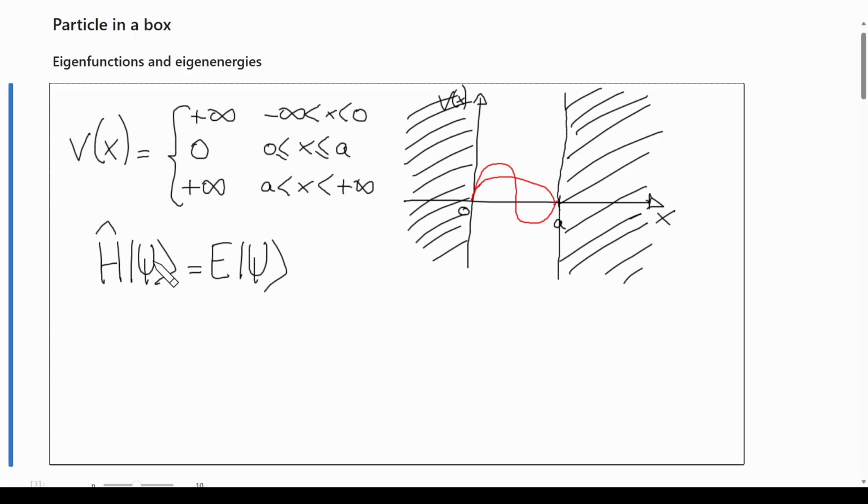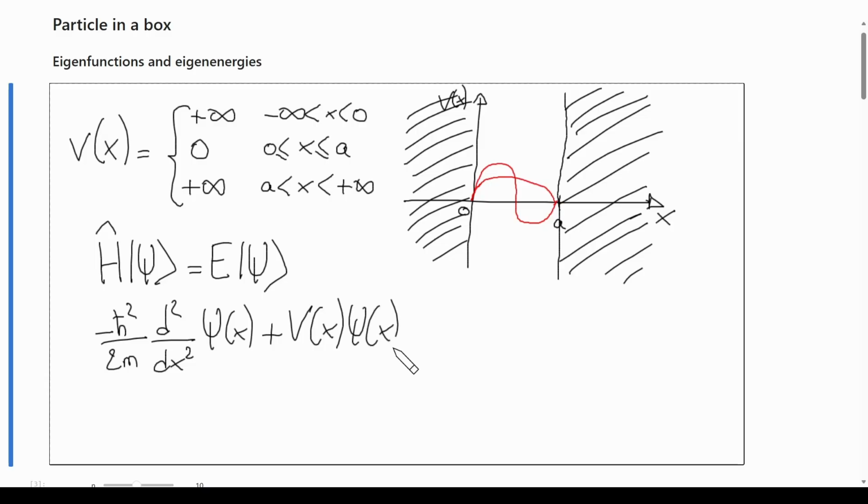If we project this equation in position space, we have the kinetic term, minus h bar squared over 2m d squared dx squared psi(x), plus the potential term V(x) psi(x), equals E psi(x).